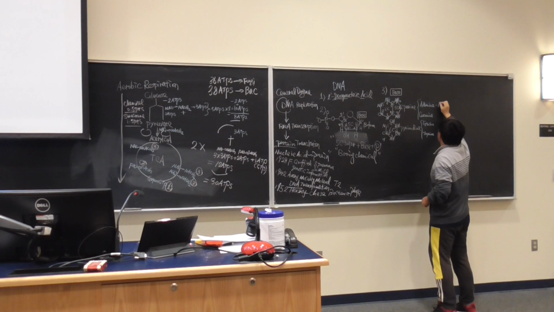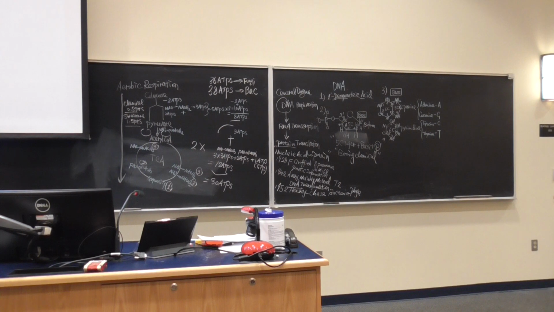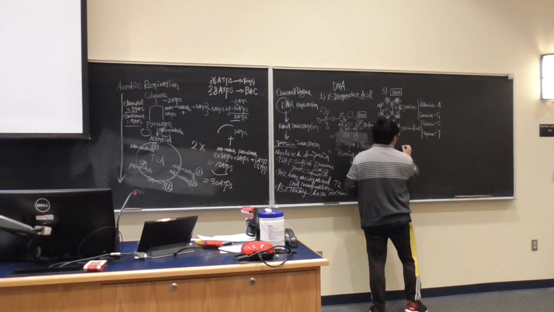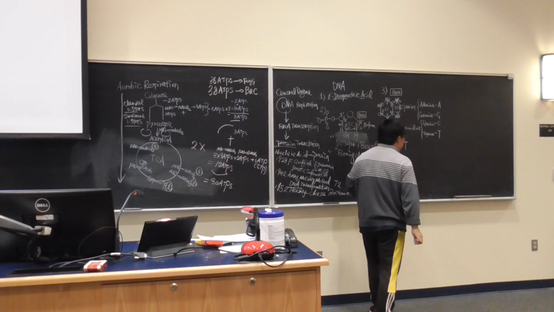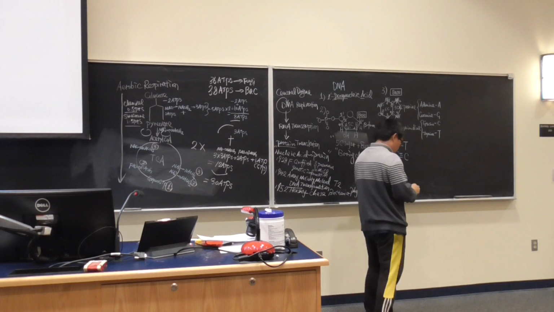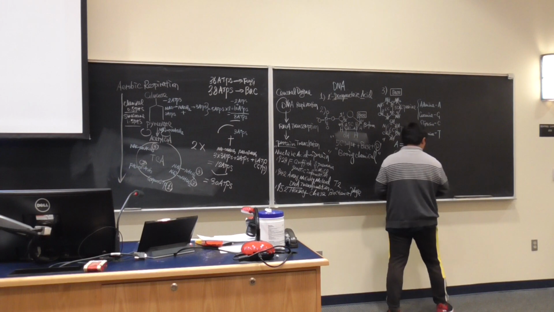This is called A, this is G, this is C, that is T. Then how are they connected with each other? A is complementary with T. G is complementary with C. What does it look like? I'm not going to draw the whole structure, okay? We'll just draw a brief one.